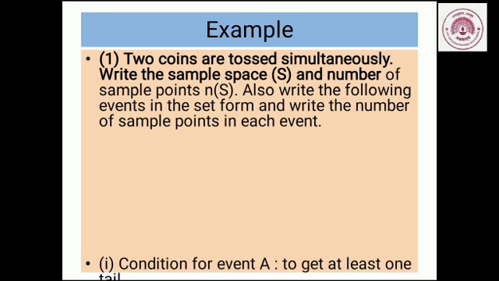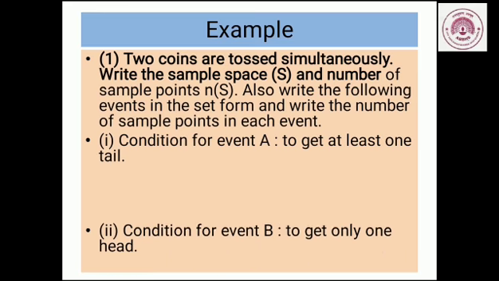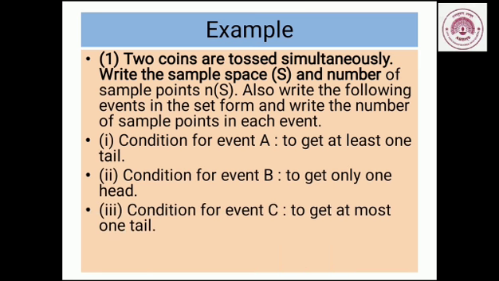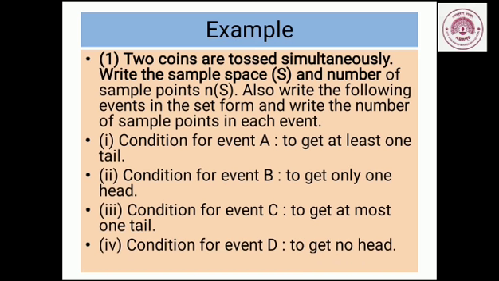The conditions given here are: first, condition for event A, to get at least one tail. Second, condition for event B, to get only one head. Third, condition for event C, to get at most one tail. And fourth, condition for event D, to get no head.